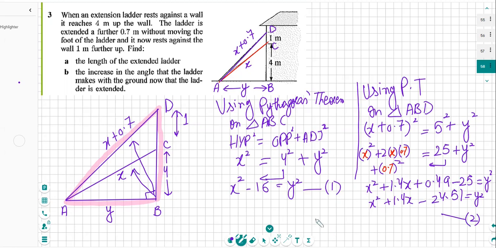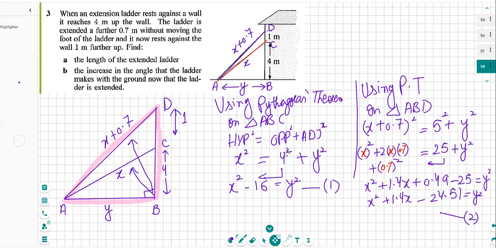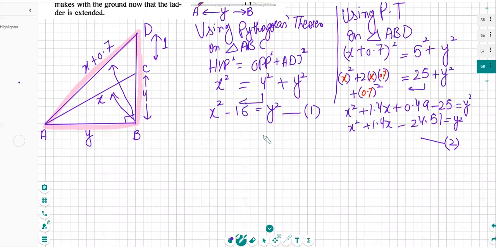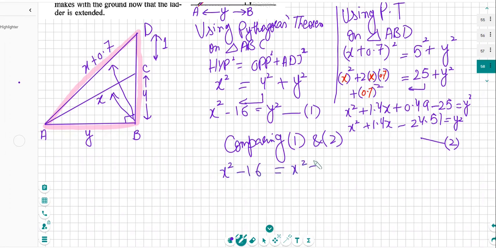So we can compare these equations, comparing 1 and 2. We get this side should be equal to this side, because both are equal to y squared. So x squared minus 16 will be equal to x squared plus 1.4x minus 24.51.